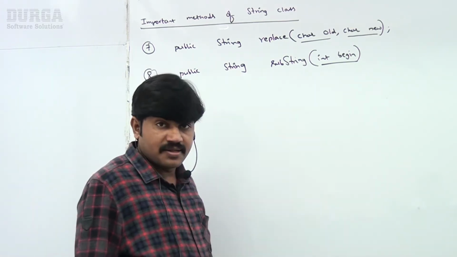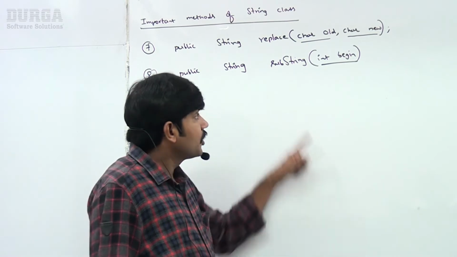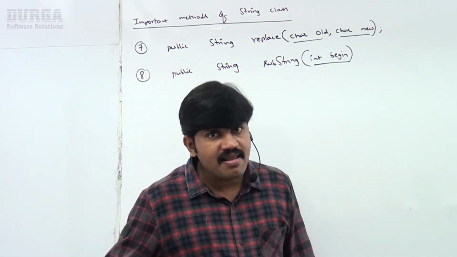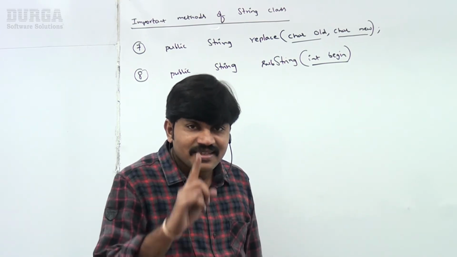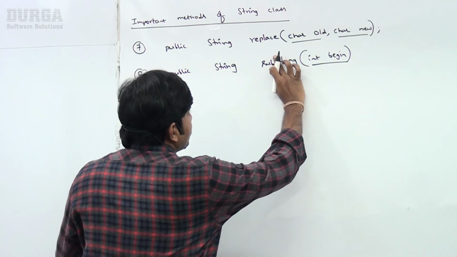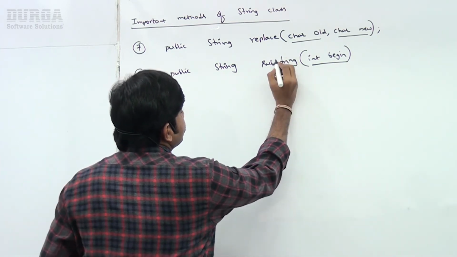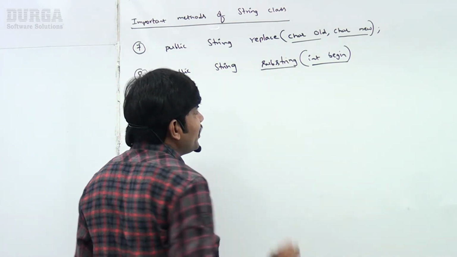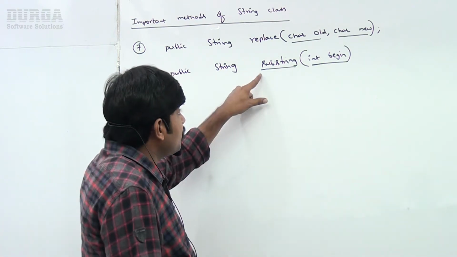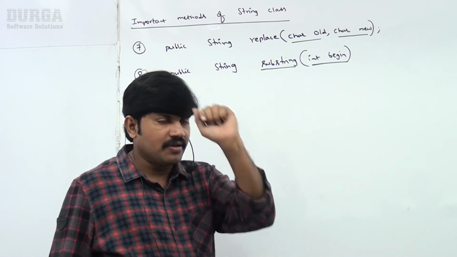Is it valid or not? Remember that, if you take the method name like this, the compiler will give an error. Because in the substring method the s should be small. Substring is a single word only, so the s should be small.